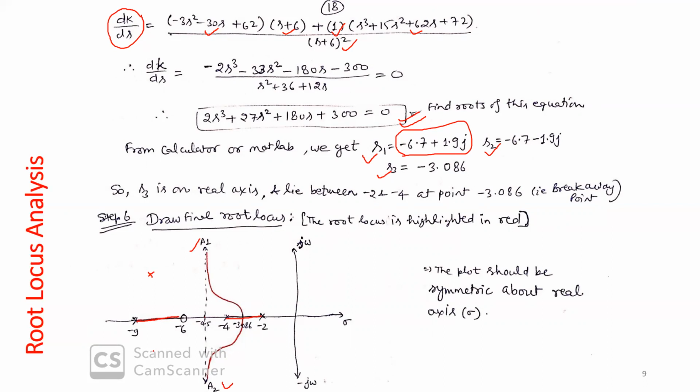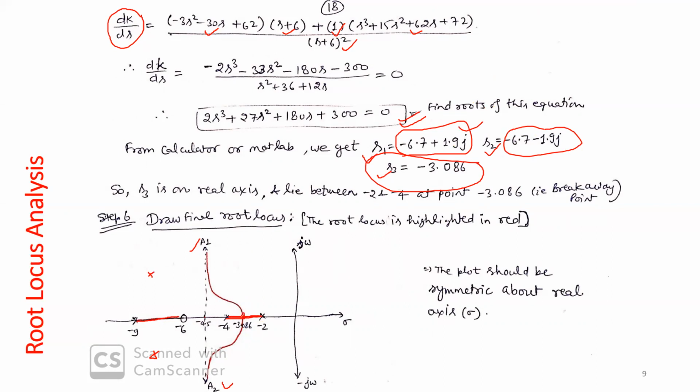So it is not on the root locus, and these roots do not lie on the root locus on the real axis. So this must be lying on the root locus on the real axis. But when I look at this -3.086, it will be lying between -2 to -4. So somewhere here I can get this point.